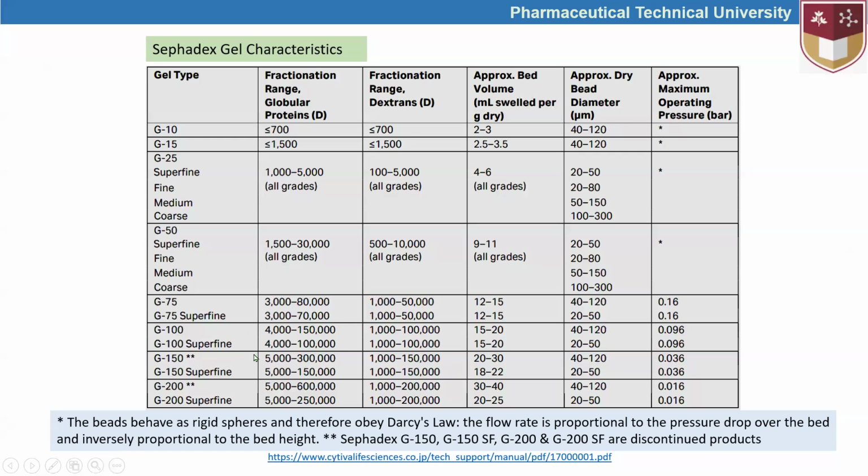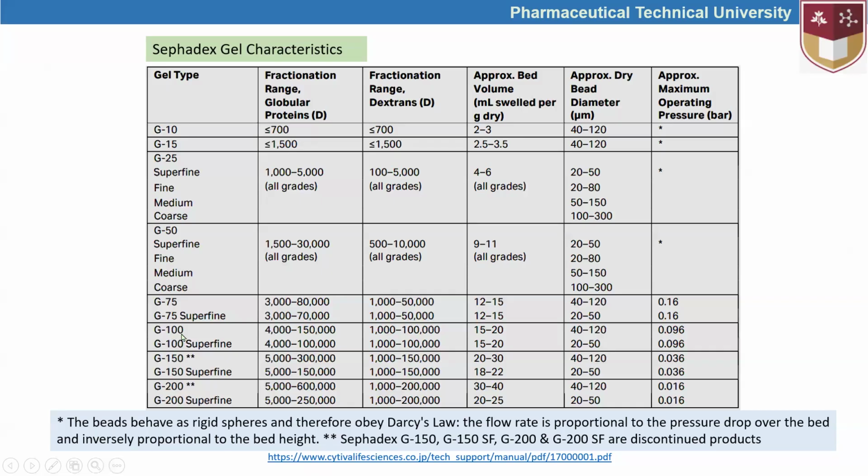The point we need to understand is that in the superfine marks, the maximum level of the protein separation is lower compared to their counterparts without superfine. Here in G75, the maximum separation allowance is 80,000 and in superfine 70,000.